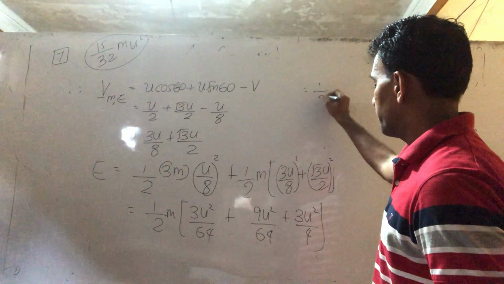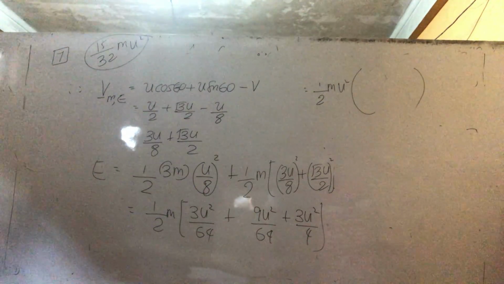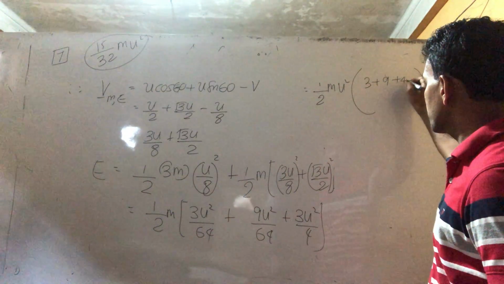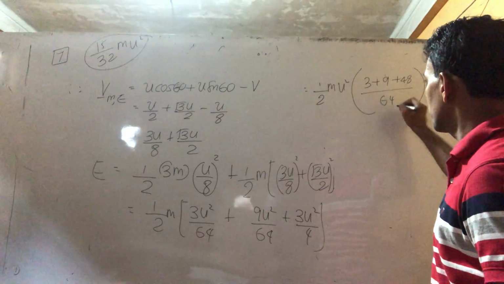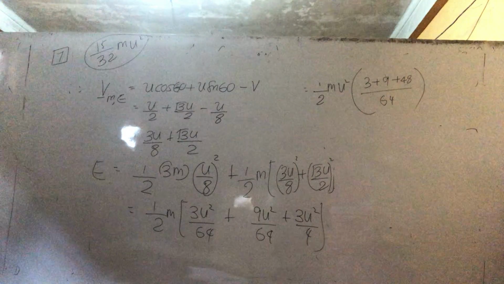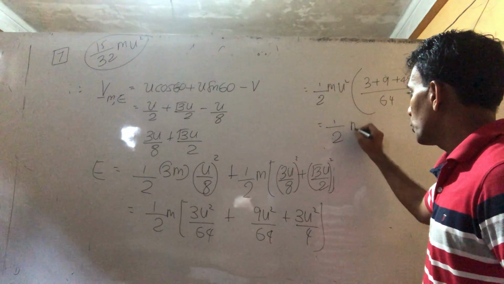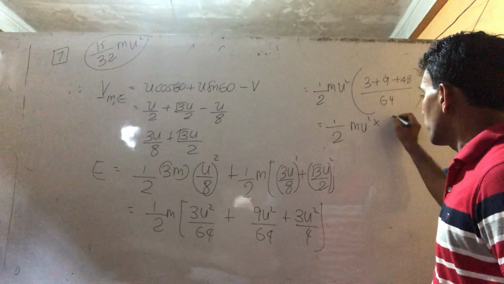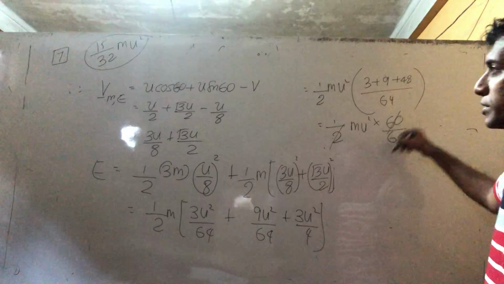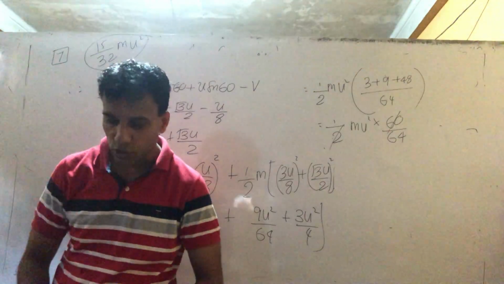Take the u square out and simplify inside: 3 plus 9 plus 48 over 64. Simplify that: half mu square into 60 over 64. Cut this to 30 and see the answer: 15 over 32 mu square.